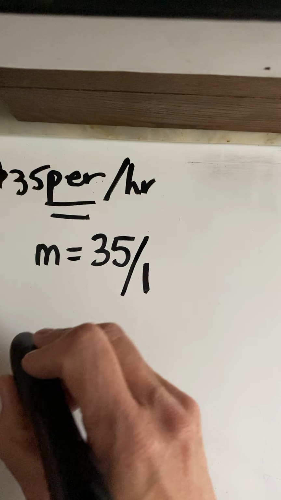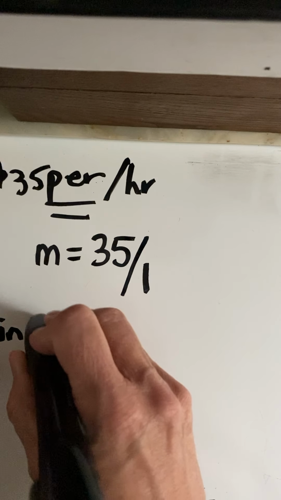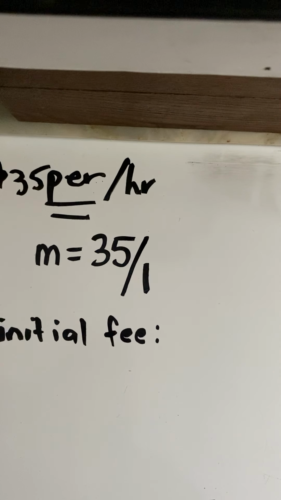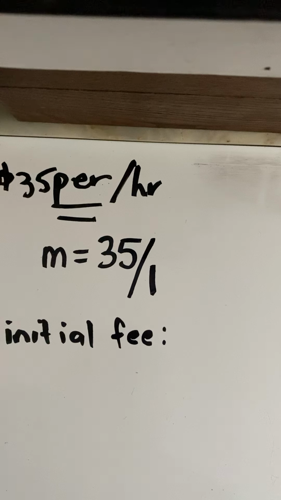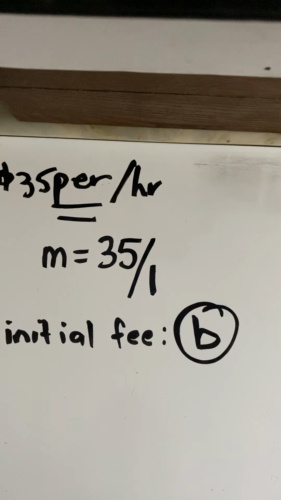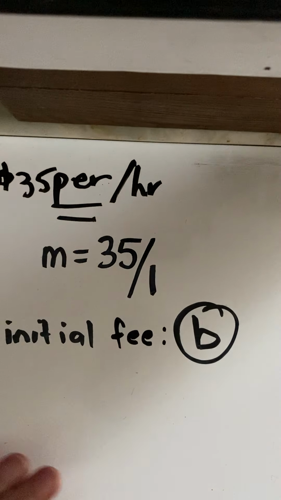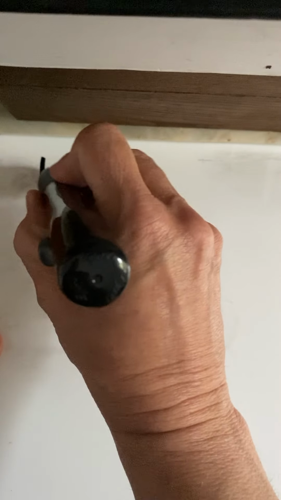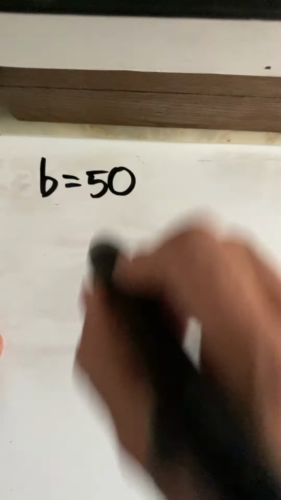Also, when you see an initial fee, if you remember when we did problems in chapter 4, the initial cost was always the y-intercept. So your initial fee is going to be your constant, which is b. So in this particular problem, when they say an initial fee of 50, I know b equals 50.